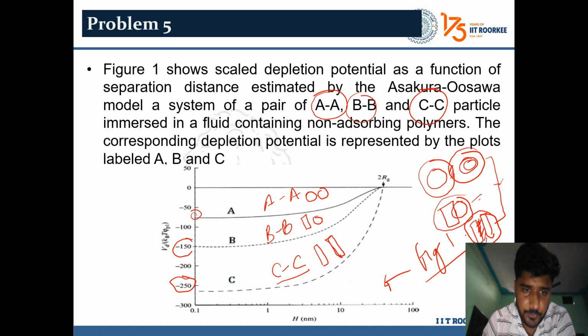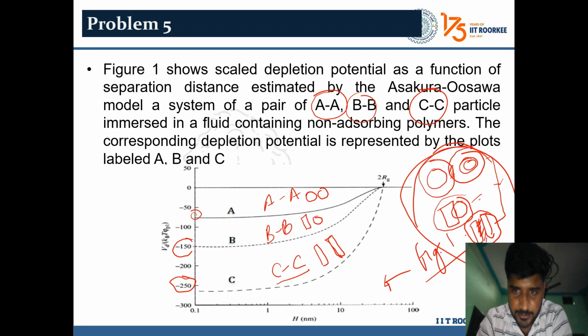You have to just focus on the potential values, and you can approximate the depletion volume according to the values of depletion potential. I think as I remember, you have read this graph for these three models: first is the depletion volume between sphere and sphere, then plate and sphere, and the third is plate and plate.